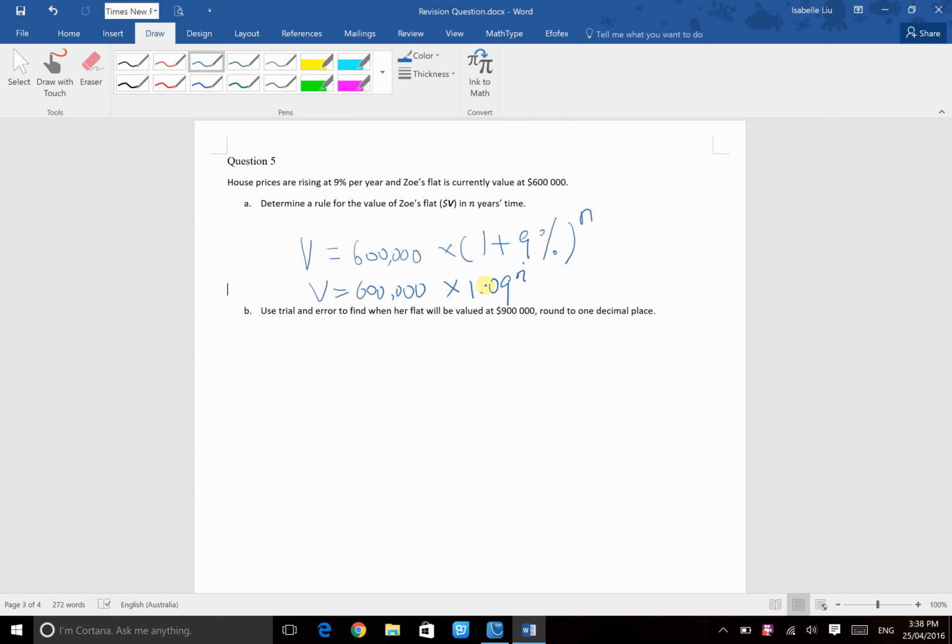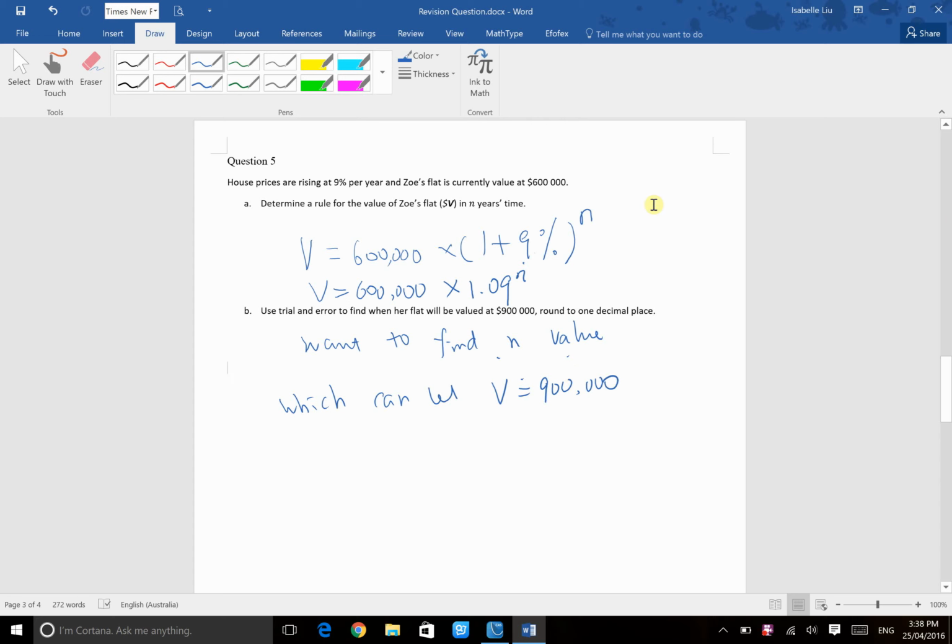Okay, so use the trial and error method to find when her flat will be valued at $900,000, rounded to 1 decimal place. So what I'm trying to do here is find the n value which can let V equal this.